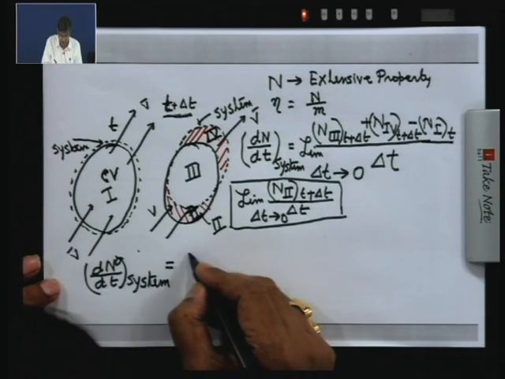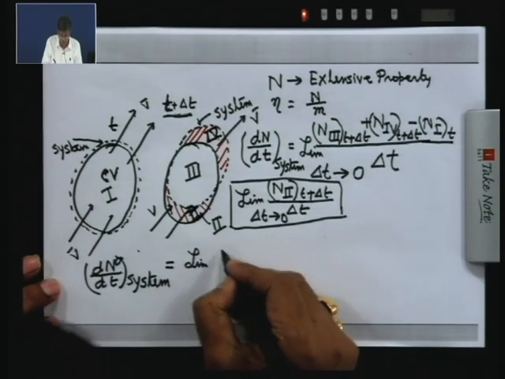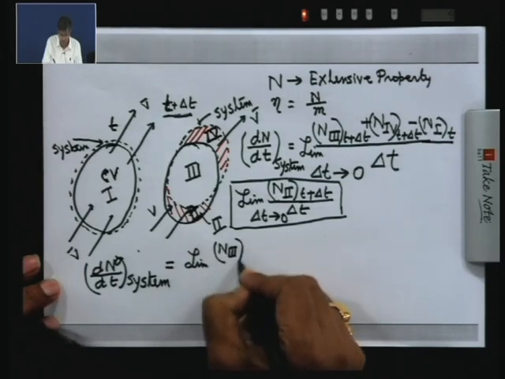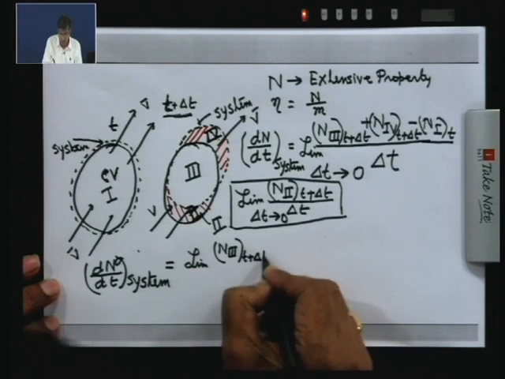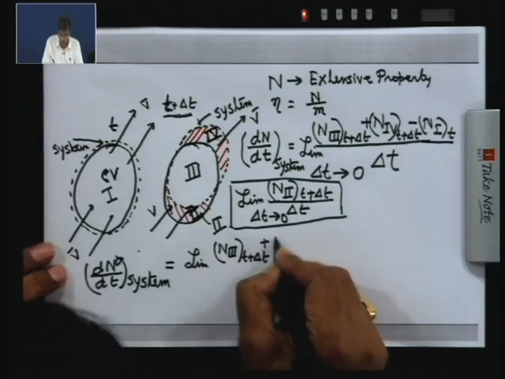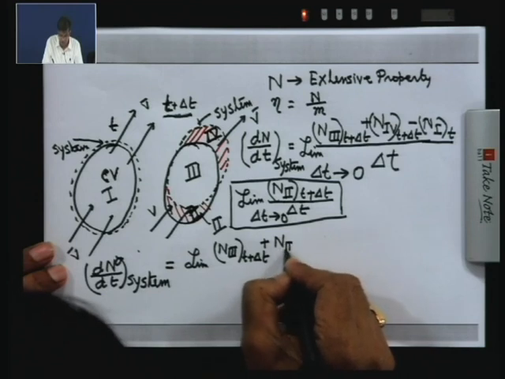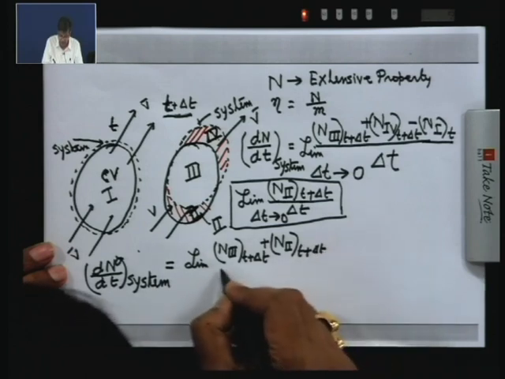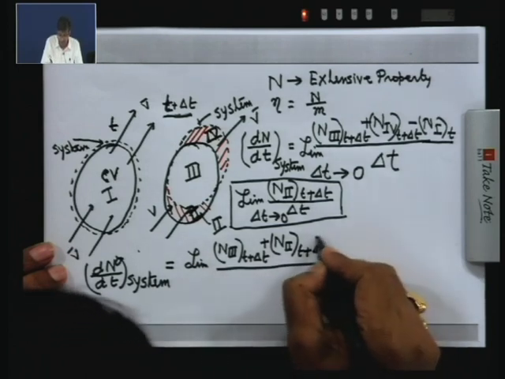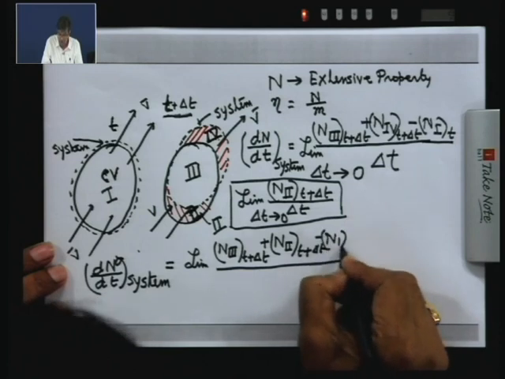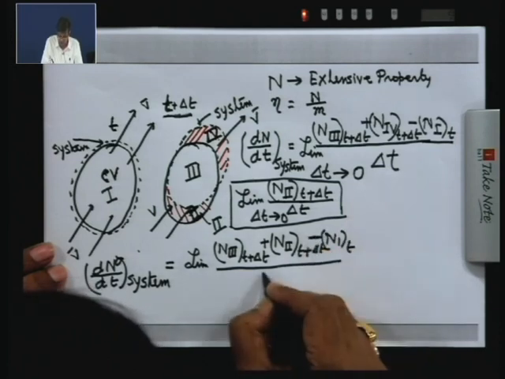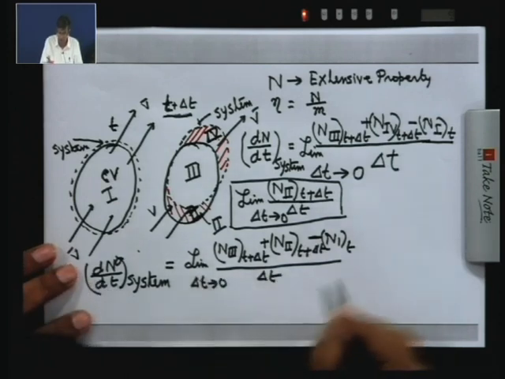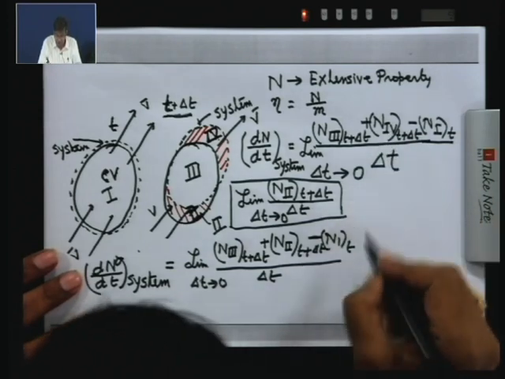So first I write the limit, with a little rearrangement, N3 at t plus delta t plus N2 at t plus delta t, because we have added this, minus N1 at t, as delta t tends to 0. Then what is left? N4 is left out.